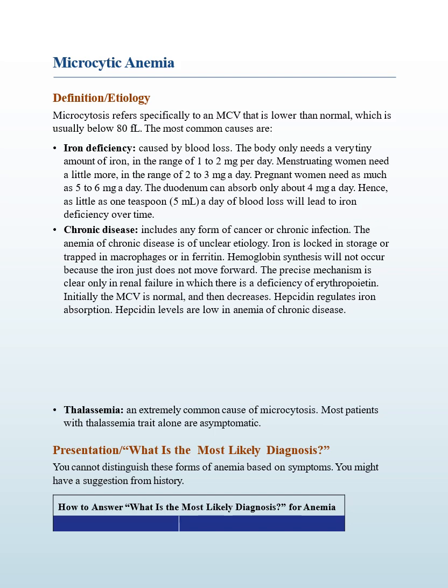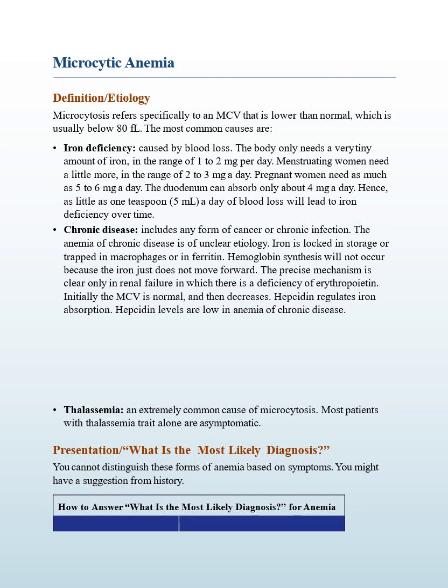And thalassemia, which is an extremely common cause for microcytosis. Mostly patients have thalassemia trait, and they usually are asymptomatic. The lower part of the slide discusses what to do when the question asks, what is the most likely diagnosis?